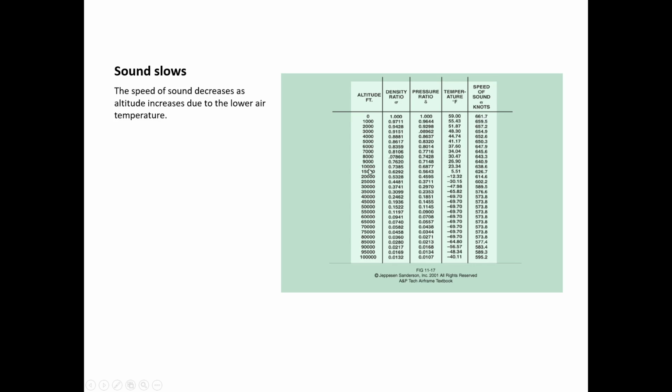So if we go up to 10,000, we can see that there's a 73% density ratio, much lower than 1 for pressure ratio. Temperature at 23 degrees. Let's see how that affects the speed of sound. Yes, it did. It slowed down from 661 to 638 knots.